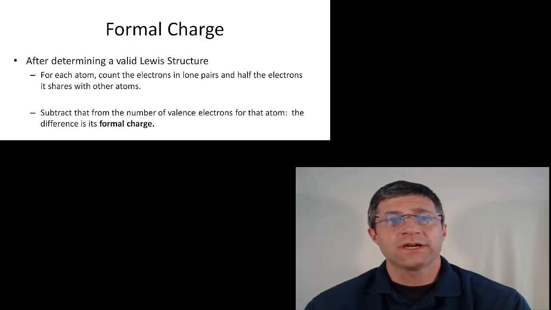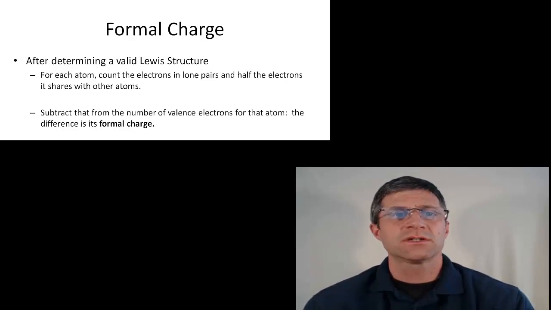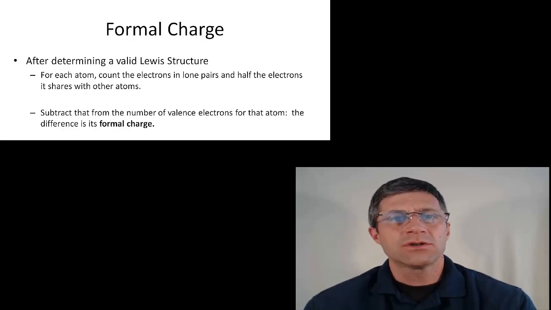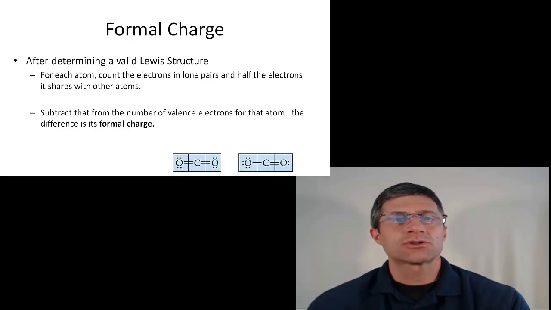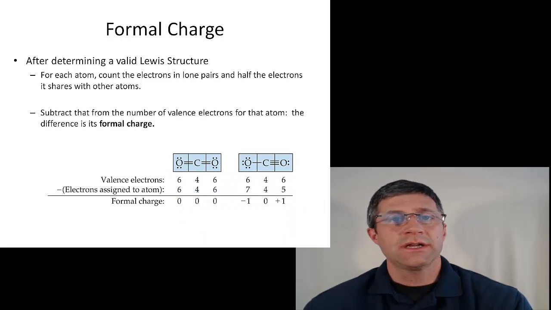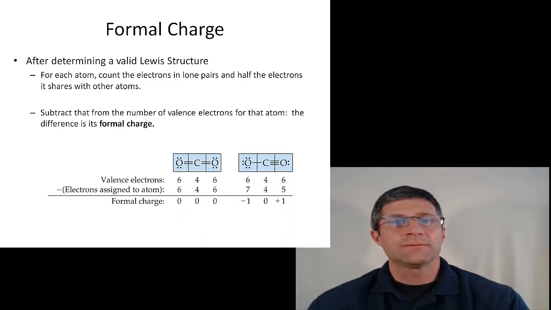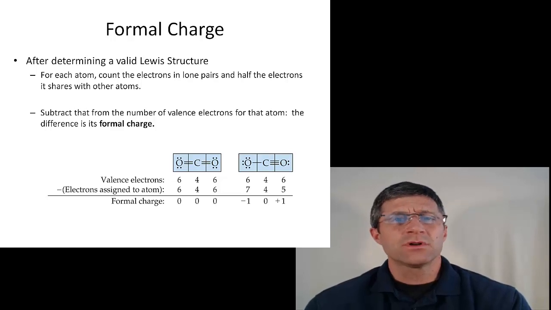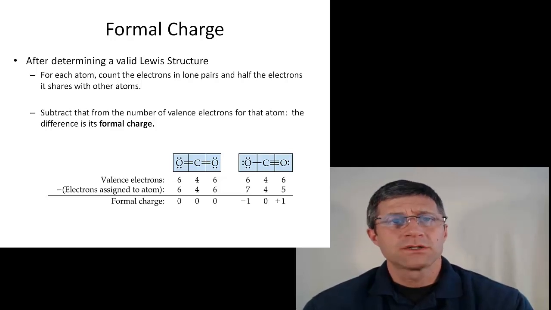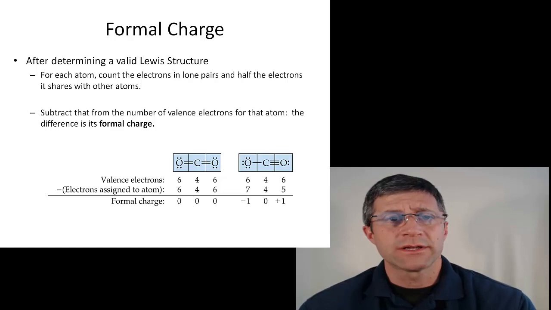We'll look at the first case of oxygen. We start with 6 valence electrons. And then how many electrons have been assigned to it in this structure? In the oxygen on the left, we have 4 free electrons sitting around it, and we have 4 electrons that are in bonds. We'll just give them half of the bond electrons.